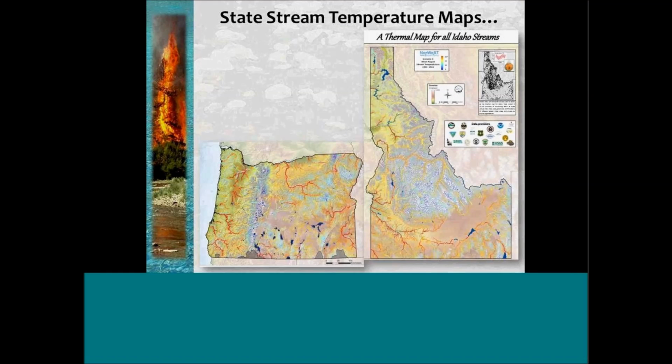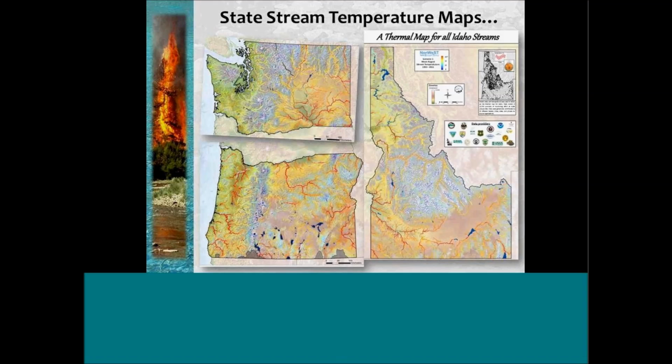And so when we get done doing each state, as we work our way through the process over the last 4 or so years, a fun way of commemorating that and thanking the people in the state that have sent us data is just to make these state thermal maps. We sent one of those out for Washington several weeks ago as well, and people have responded really positively. They like that end product wrapping up the information for their particular state.